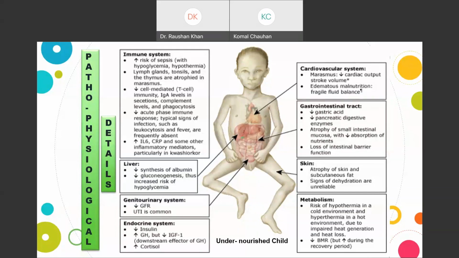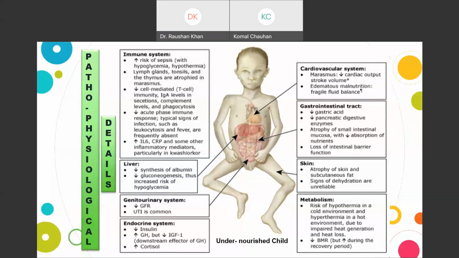Then in the skin, atrophy of skin is there, and loss of subcutaneous fat is there. Signs of dehydration are unreliable. Actually, what happens in the malnourished child, as I told earlier, is that edema is there. Because of that, the body is not able to keep up with the fluid balance in the body of a malnourished child. Some water retention is there.